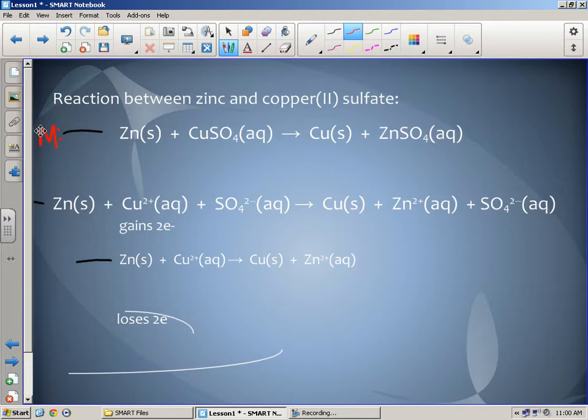This one here would be called the ionic equation. And this one here would have been called the net ionic equation. Molecular, ionic, net ionic.